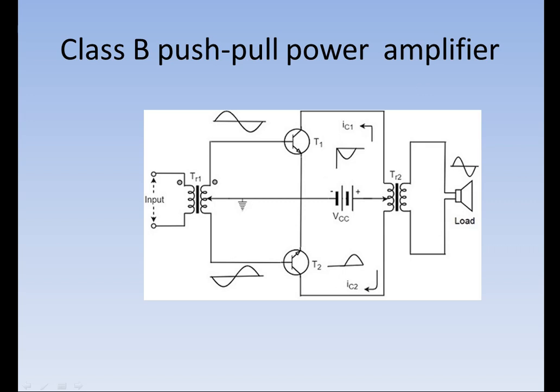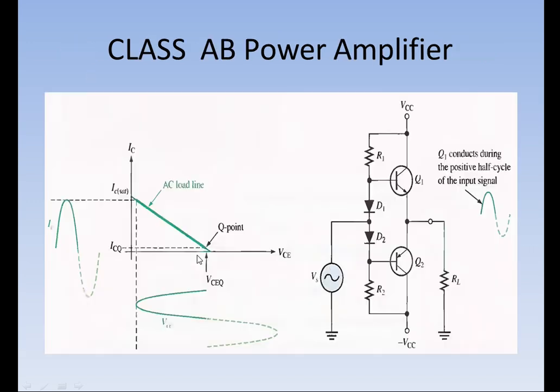We also have the class B push pull amplifier. Here, we have taken a transformer to drive the stage. Push pull means one transistor pushes and then the other, so they work alternately. This is called a push pull amplifier. Then we have class AB.